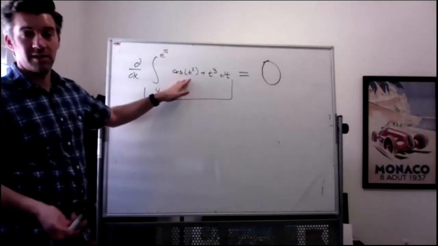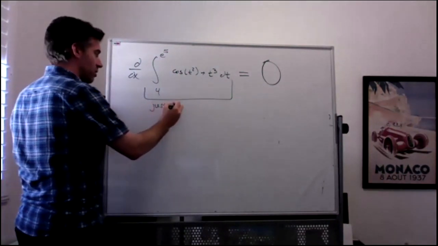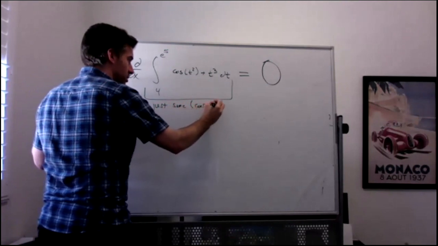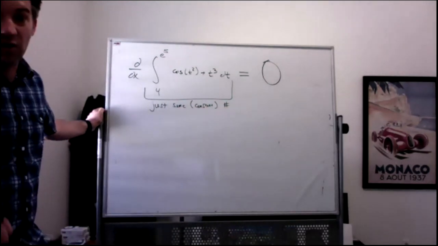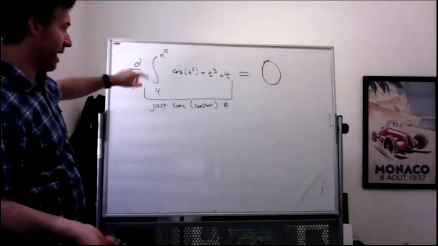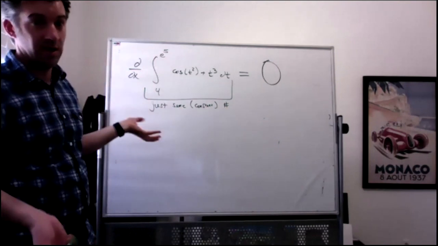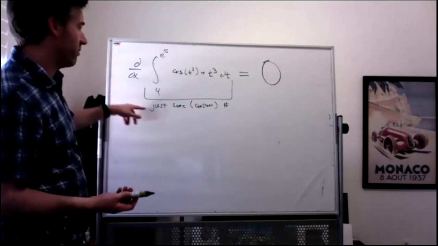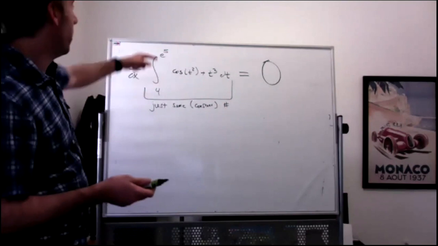If I was able to integrate this, I would actually get a number, just some constant number, because it's an area under a curve. If it's a definite integral with actual real numbers as the limits of integration, then you just get some area under a curve, which doesn't change, and then the derivative of that is going to be 0. If both of them are constants, yeah.